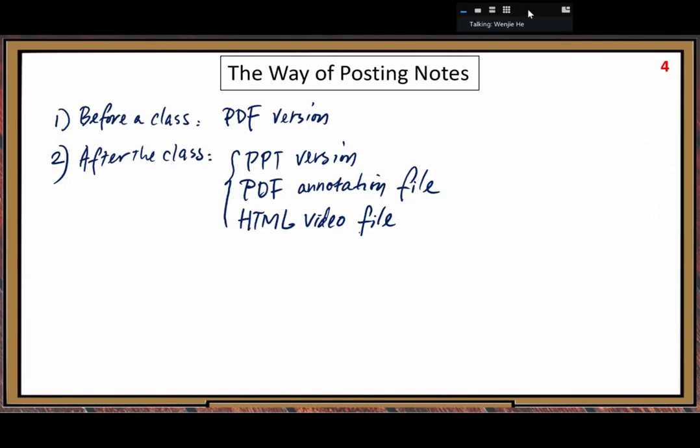Some of you may wonder why I use this way to post the videos. The reason is Canvas has blocked all external videos in the past 2 years. Before, they did not block. Before, I could post my YouTube videos through Canvas directly, just embedded into my Canvas page.